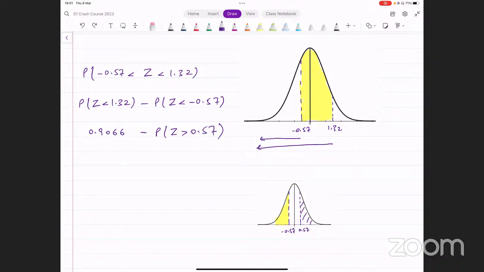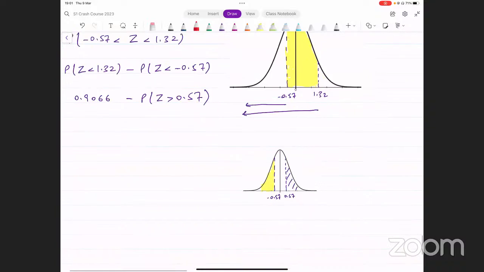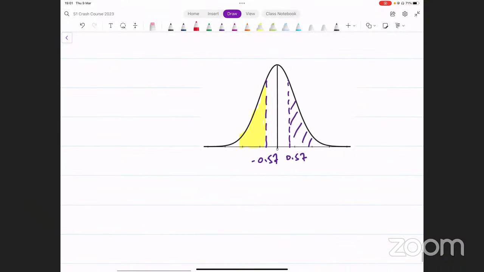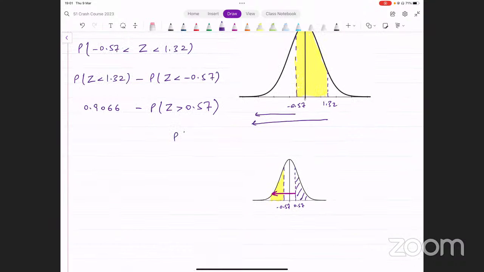But again, it's not the standard form. Remember, the standard form is z less than a positive number. It's not the standard form yet. Now, since we can't find this area directly from the table either, let's subtract from 1 the area to the left of this. What's the area to the left of 0.57? It's z less than 0.57.